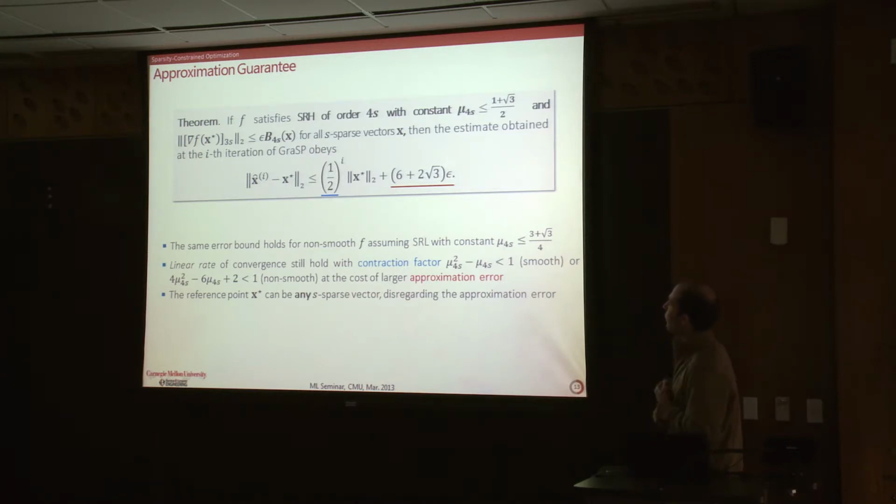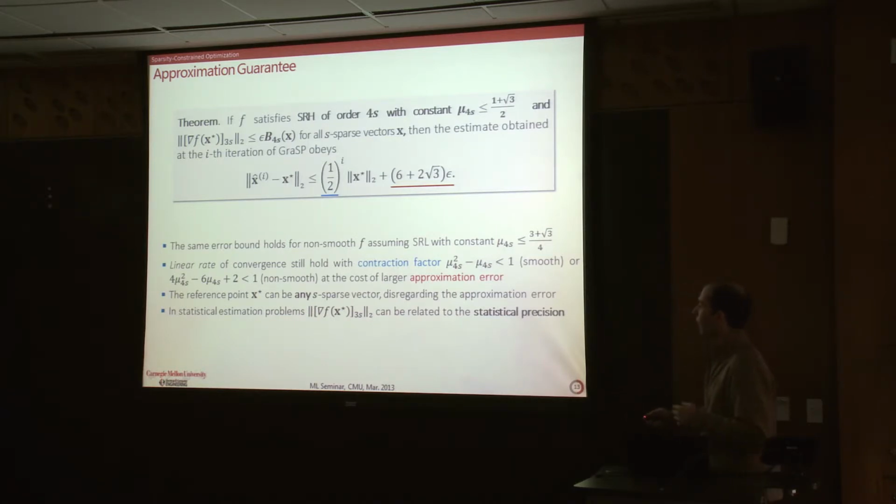The other point I have to mention about this analysis is that you can choose your reference point X star to be any s-sparse point if you're not that concerned about the approximation error. But if you want a reasonable approximation error, you have to choose X star to be a reasonable reference point.